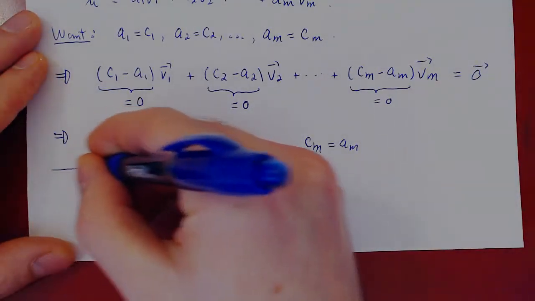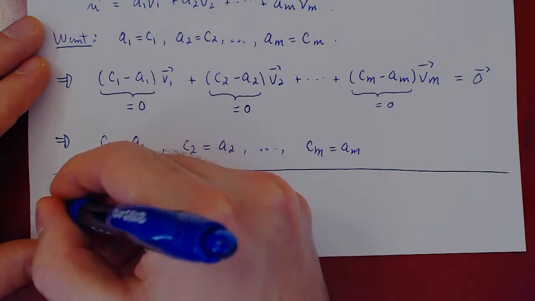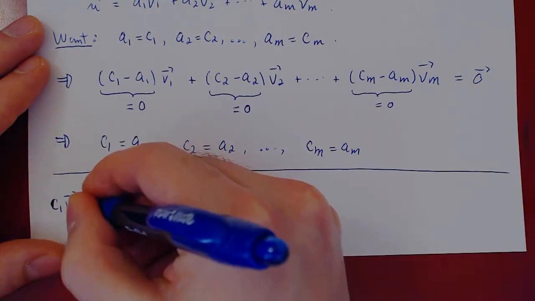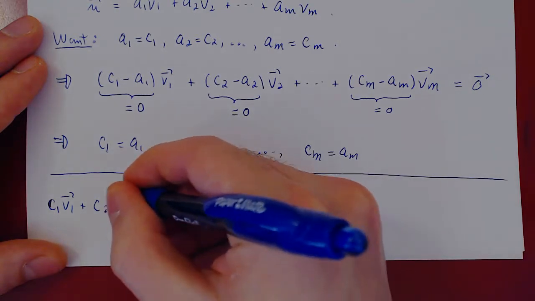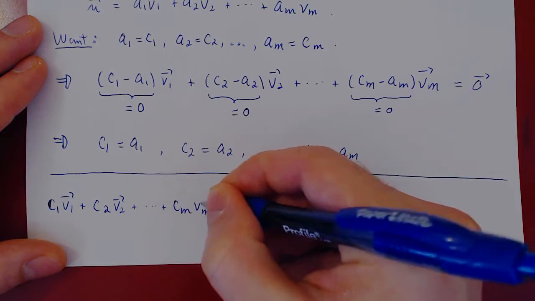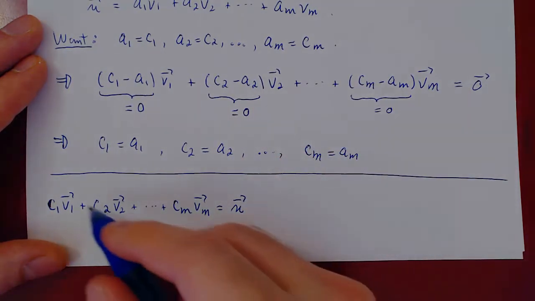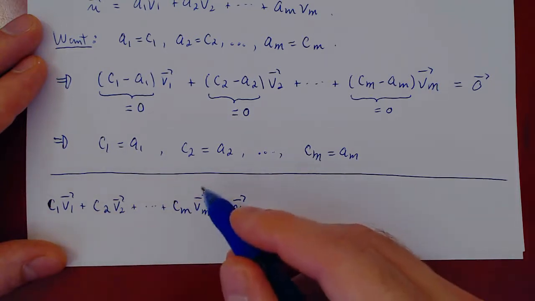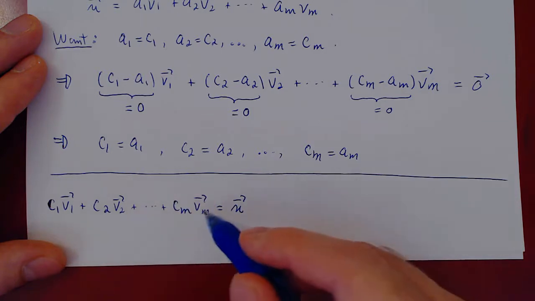Well, remember that asking for some multiple of v1 plus some multiple of v2 up to some multiple of vm being equal to the given vector u. So you have the basis vectors, you know all of these m vectors, you know u, and you're trying to solve for the coefficients c1 through cm.